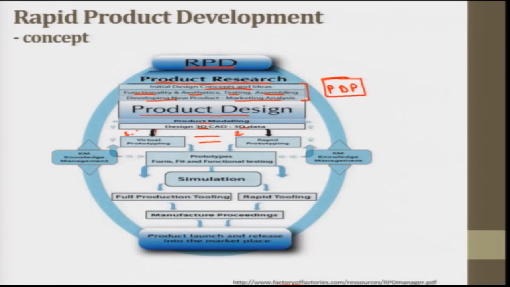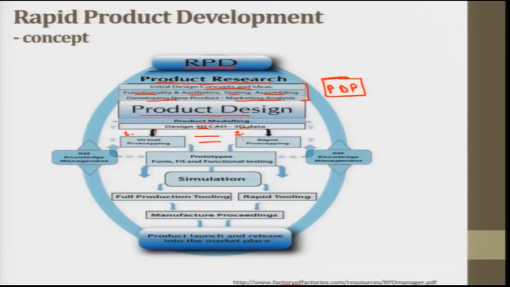Virtual prototyping is the finite element analysis or computational fluid dynamics or certain other computer-aided engineering that we do only on the computer without actually producing the product. Rapid prototyping is actually manufacturing the product and testing that product in realistic or controlled laboratory conditions. So, these two things can happen.